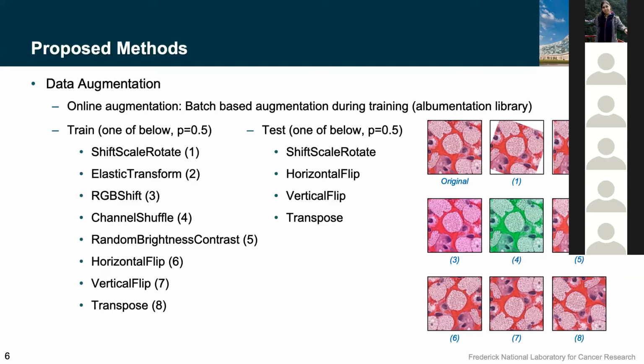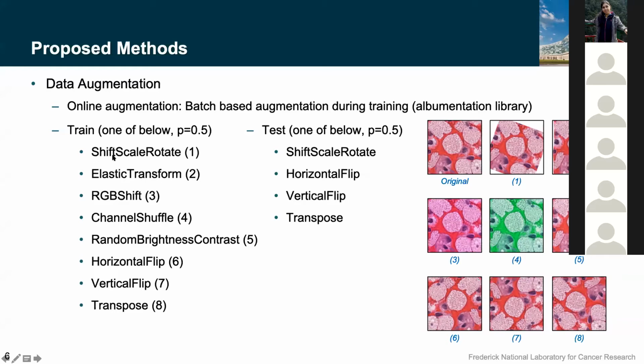During the training process, training images and testing images are fed to the network at the same time. For the training images, we apply 8 different data augmentations. Each augmentation is numbered 1 to 8, and the corresponding resulting images are displayed on the right side of the slide.